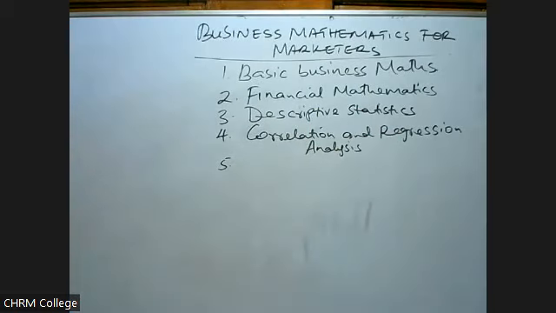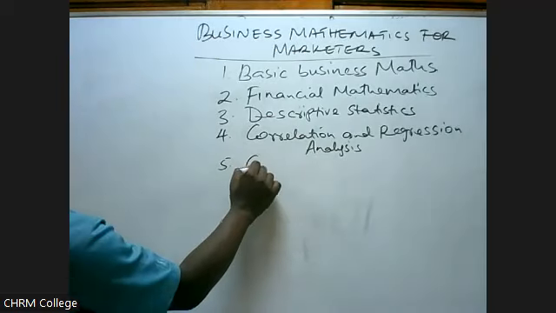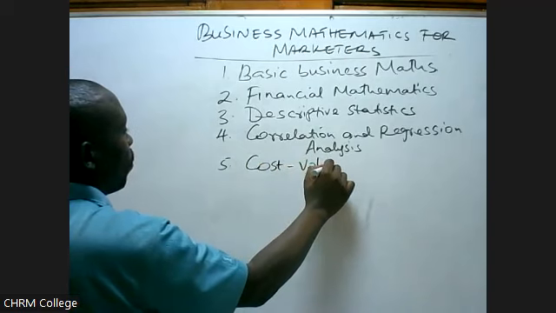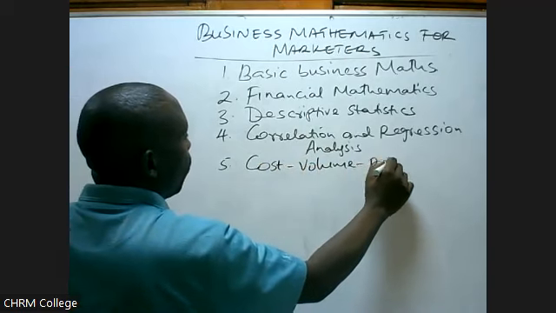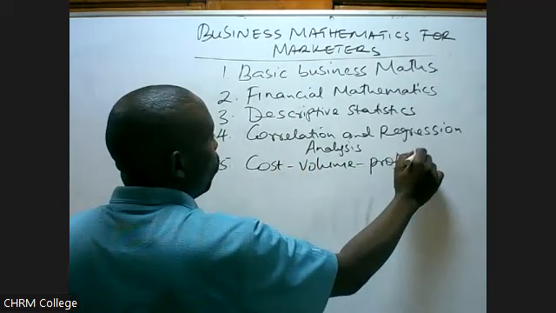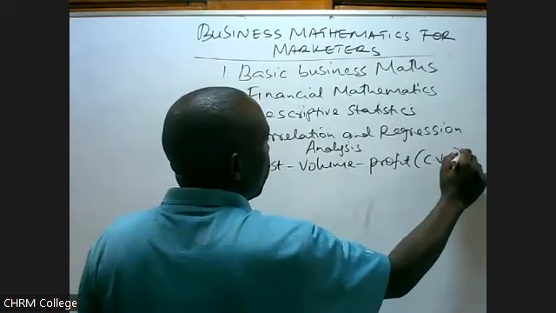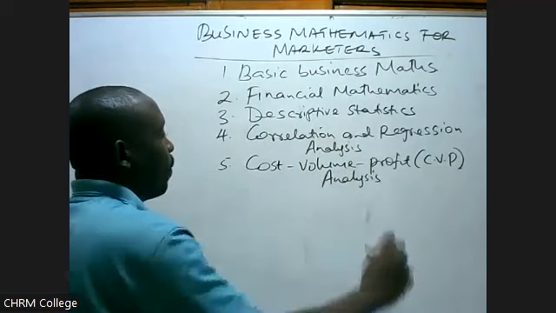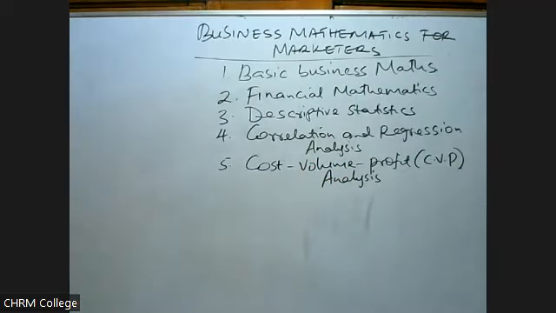Then number five is the cost, volume, profit, what we call the CVP analysis.